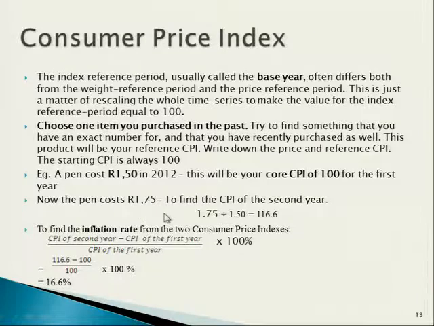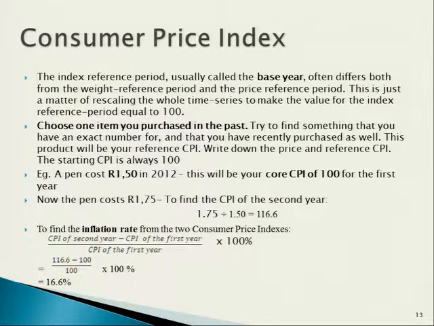I don't have the CPI of that year, but I can find it. And how? Very easy. Just take the value of the second year and divide it by the value of the first year. And it gives you a CPI of 116.6.